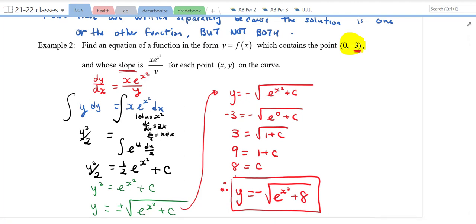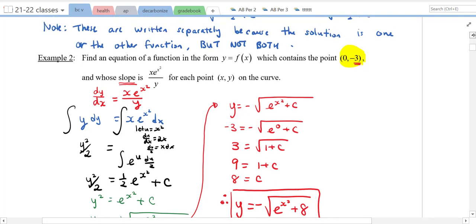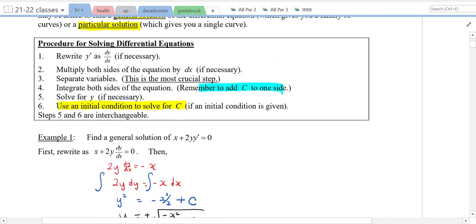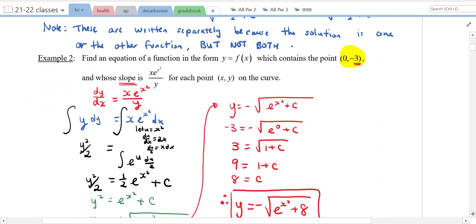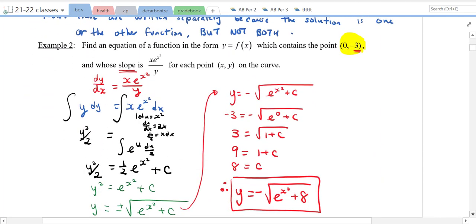Okay? Now just a few notes here. Why did I choose a negative square root again? Because the initial y value is negative. Now, just to let you know, above I kind of skipped it over, but steps 5 and 6 are interchangeable. So really what I did was I solved for y first, and then I plugged in the point.